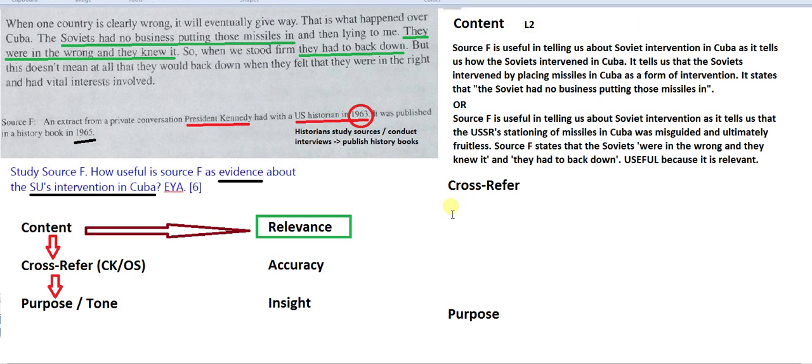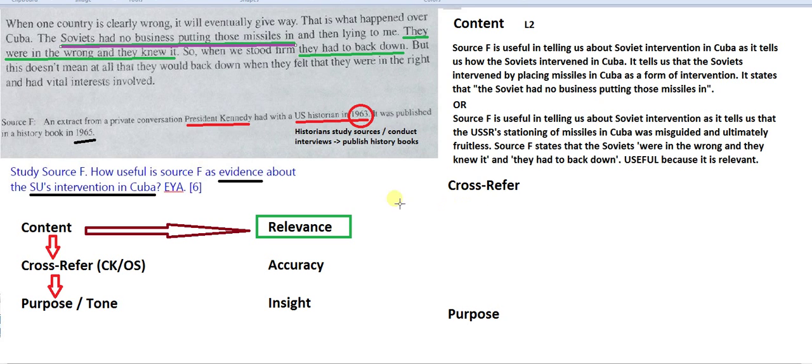If we look at other sources, we can compare what other sources say about the Soviet Union's intervention in Cuba. In this source, you realize that President Kennedy, I'm going to use purple, said that the Soviets had no business putting those missiles in.